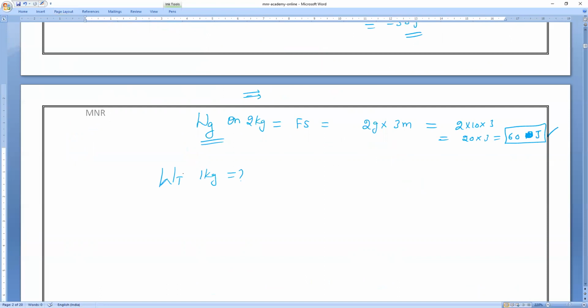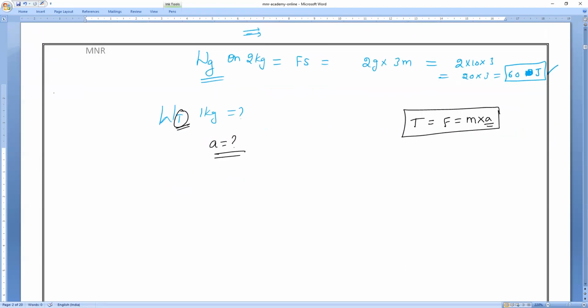Tension means force, which is equal to mass into acceleration. So if you want to calculate the force exerted by tension, first of all you need to calculate acceleration. So let us see how much it is.